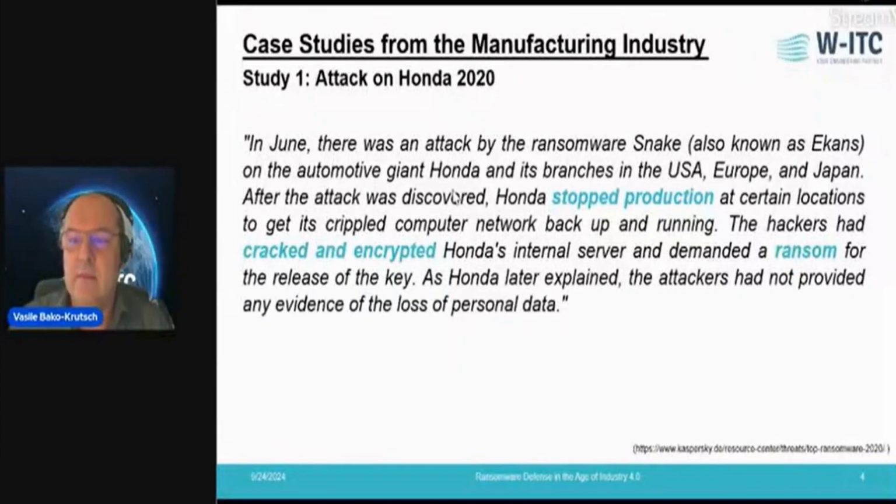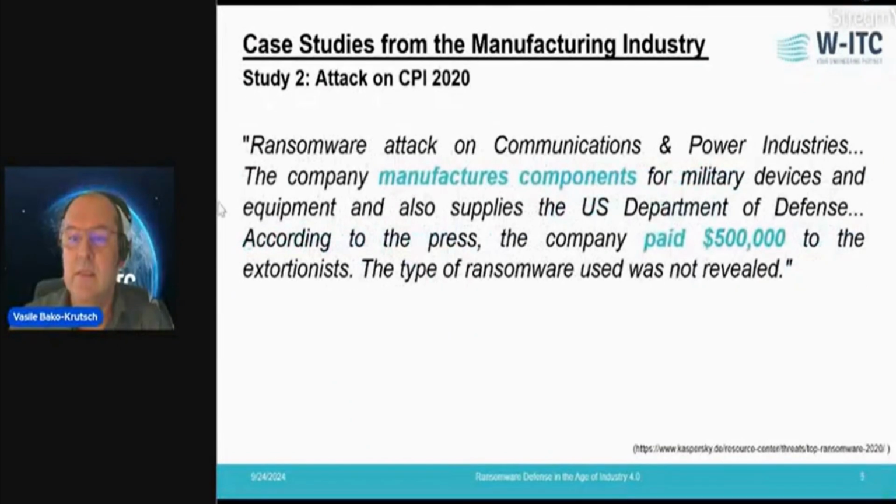A second case study is one which is not so well documented. It is of the Communication and Power Industries, CPI. This is a US company that manufactures components for military equipment and also supplies the Department of Defense.